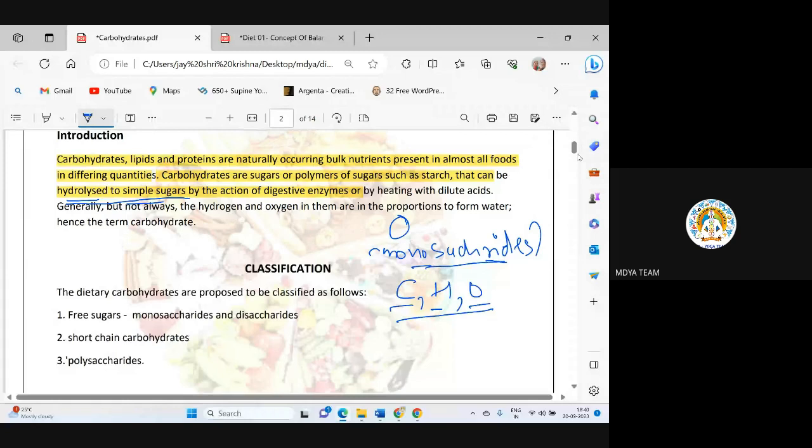So now let's understand the classification of carbohydrates. The first classification is monosaccharide, oligosaccharide, and polysaccharide. Now let's understand this classification.